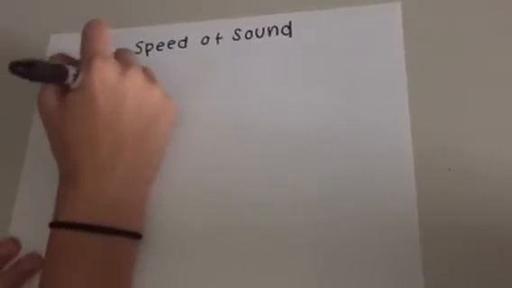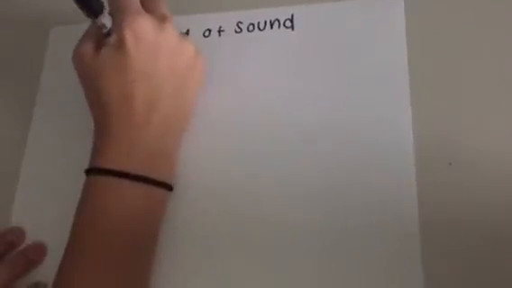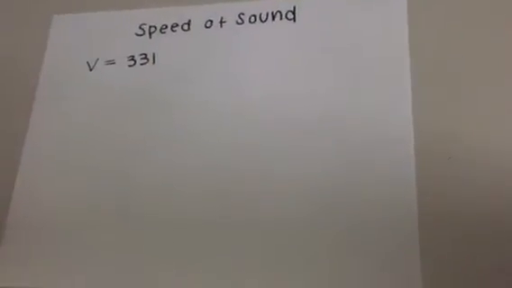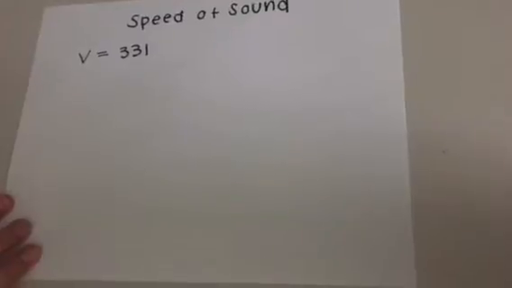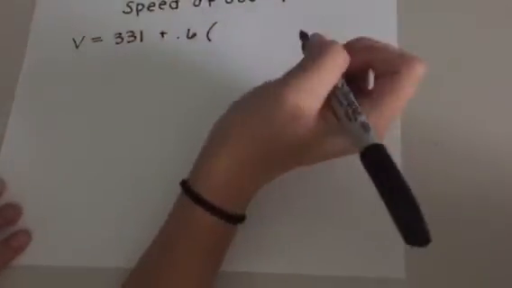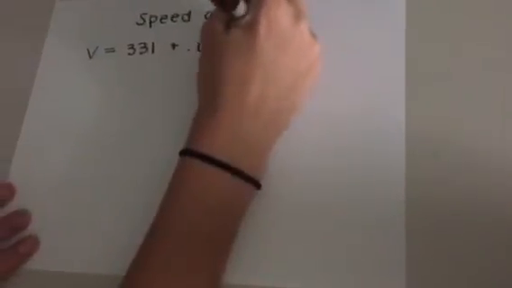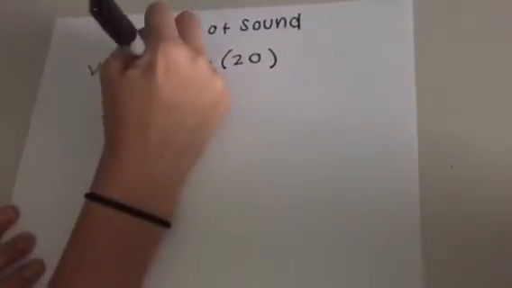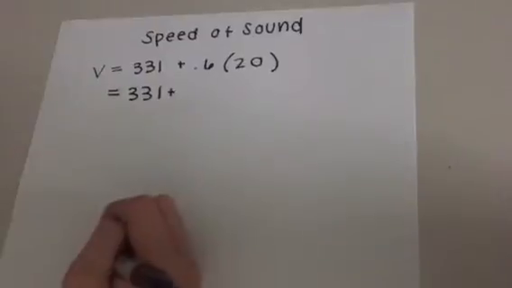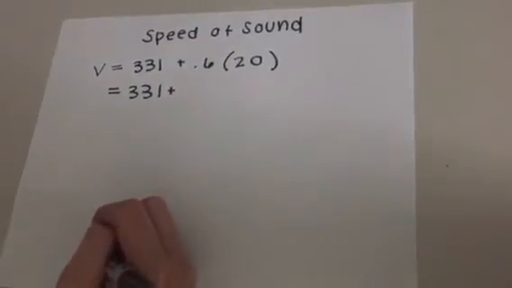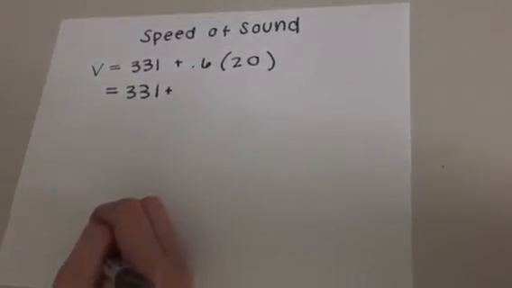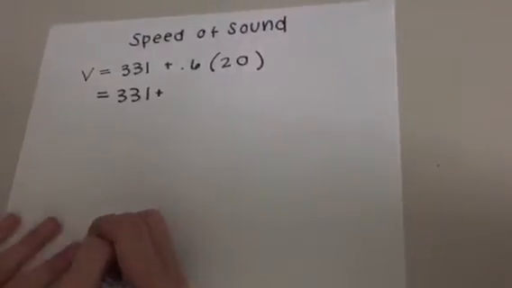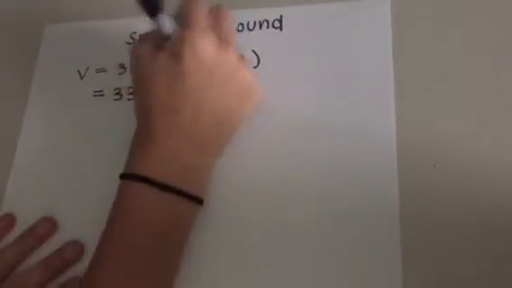So the velocity would be 331 meters per second, which is the speed of sound at 0 degrees Celsius, plus 0.6 times the temperature outside, which would be 20 degrees Celsius. 331 plus 0.6 times 20 is 12.